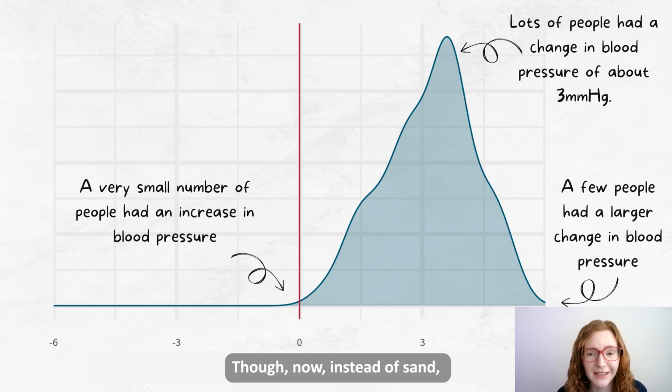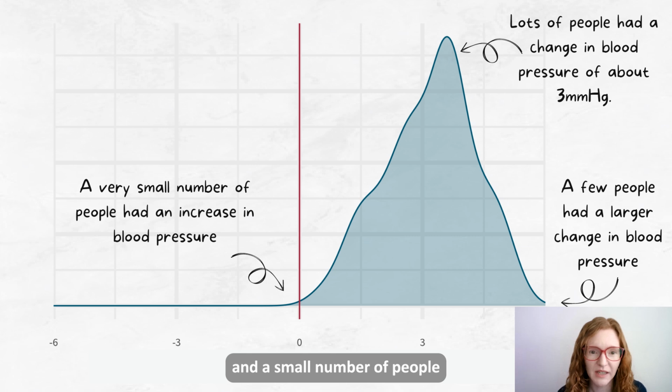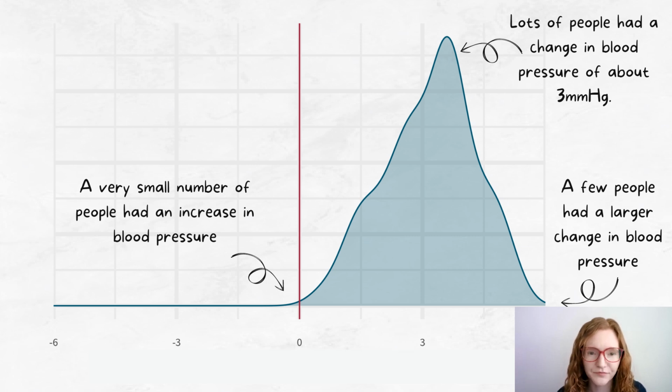Now, instead of sand, imagine each grain of sand is a piece of data. So here, each grain of sand is the change in the person's blood pressure reading. Where the hill is highest, that's where most of the data points are. So in this example, lots of people had a change in blood pressure of about 3. A few people had a bigger change, and a small number of people had an increase.